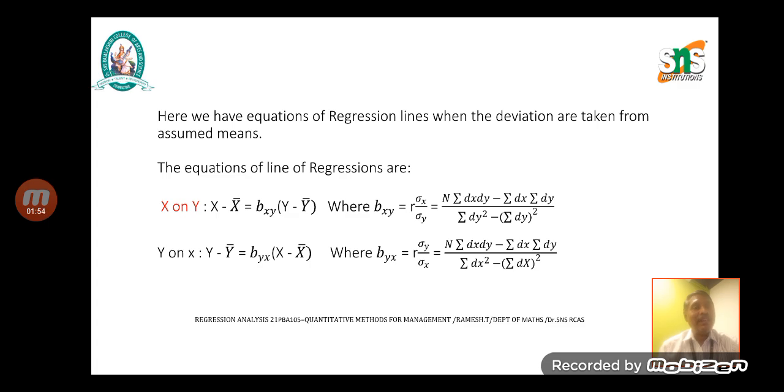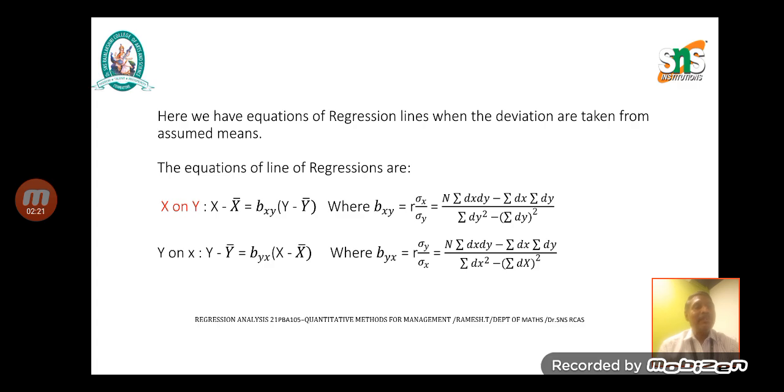The equations of the lines of regression are: one is x on y, that is x minus x bar is equal to bxy times y minus y bar, where bxy is called the coefficient of regression or slope, that is r sigma x by sigma y. Sigma x is the standard deviation of x, sigma y is the standard deviation of y, r is the correlation.